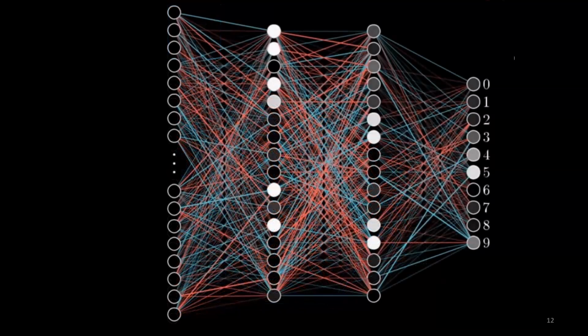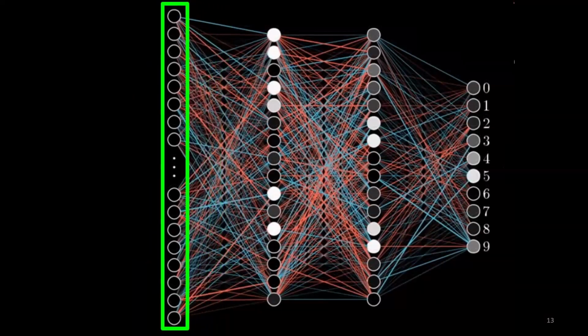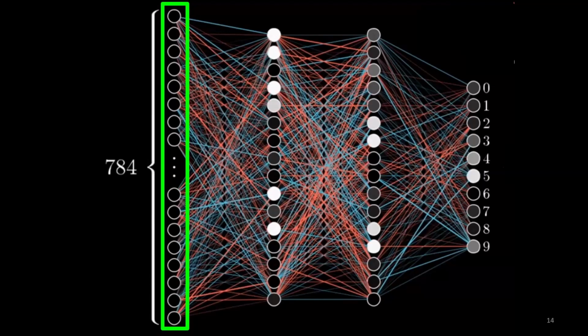So this is the basic build for any connectionist network. We have our input layer, which is where the information enters the network. This one has 784 nodes in the input layer, which comes from 28 times 28, the resolution of the image put into the program.